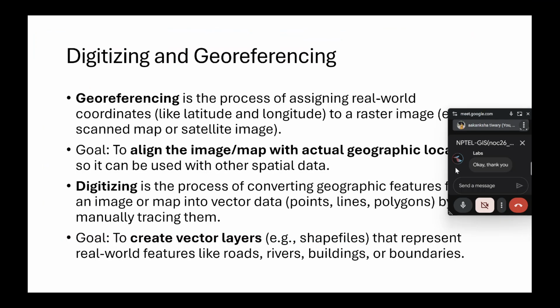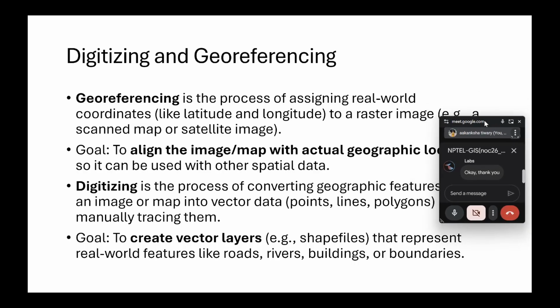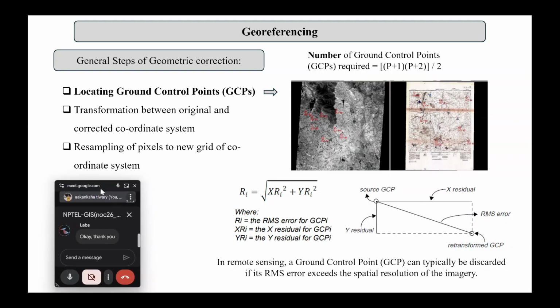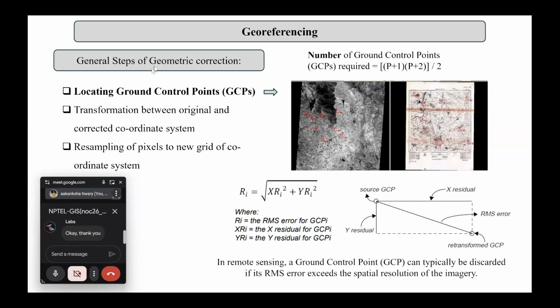So before doing the georeferencing step, I'll just tell you what the process is when we are doing georeferencing. The first step of georeferencing is that you need to locate the ground control points, GCPs.